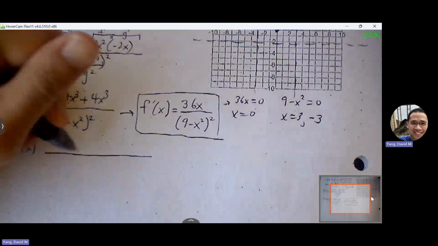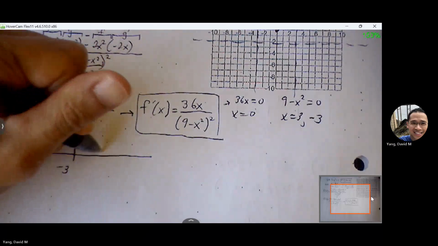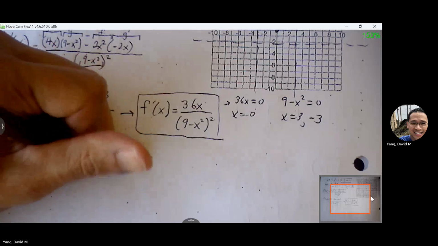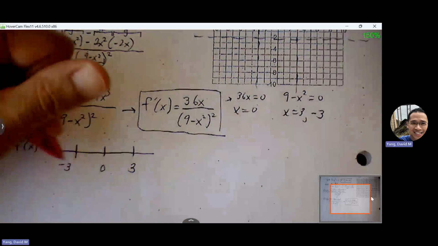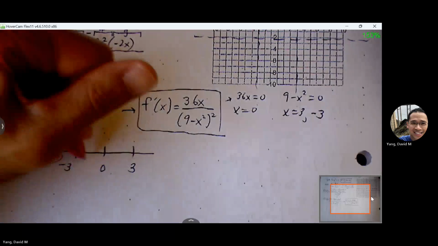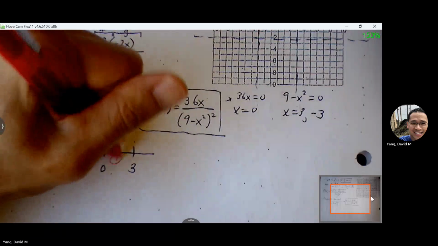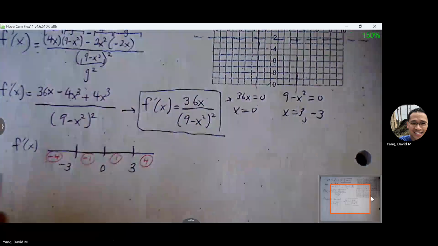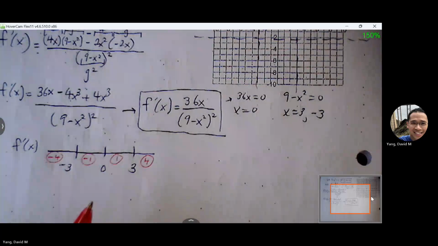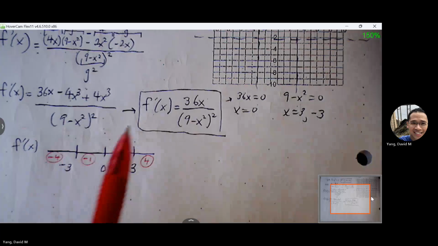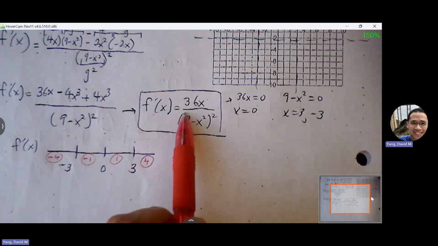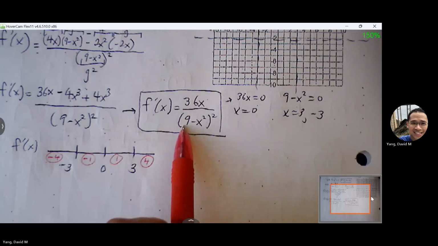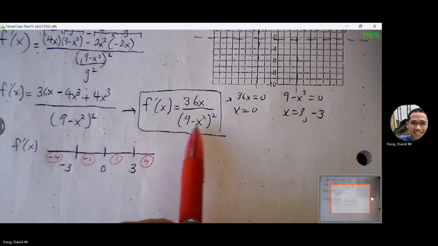So here's my f prime sign line. Use values to test, and you're testing them against the f prime. What's nice about the denominator when we test is it's always positive.